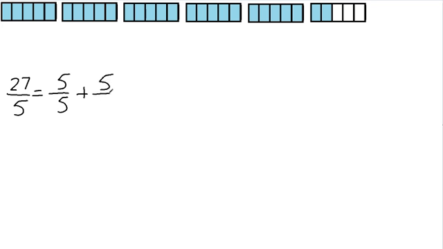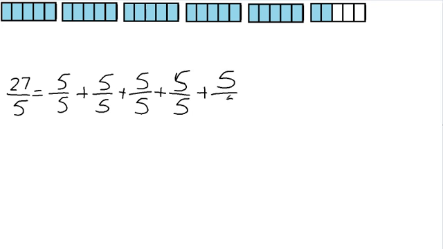So 5 fifths plus 5 fifths is 10 fifths. Keep going. 3 groups of 5 fifths is 15 fifths. If I do 4 of those, I get 20 fifths. If I do 5 of those, I get 25 fifths. I need 2 more to get to 27 fifths.